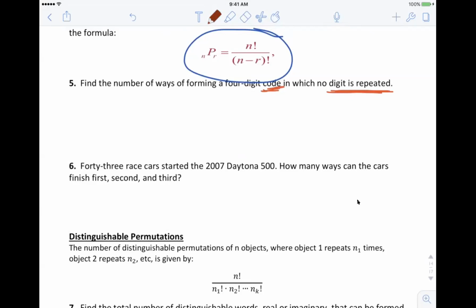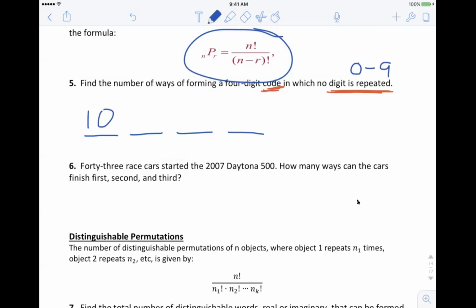Okay, so let's try this out. I like to think about my 4 spots and then start filling them in. How many choices do I have for each spot? So my first digit, remember digits are 0 through 9. There's 10 possible digits to choose from. So I have 10 choices for this one.